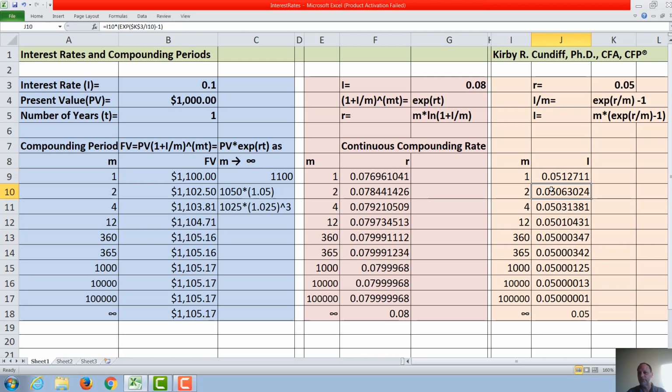Then the next one, we stick in 2 for M, R is still 0.05, and we end up with 0.050630. And once again, as M increases, gradually now this I will go down to 0.05. As you get to a very large M, 100,000, it's basically 0.05, and we take it out to infinity. As M goes to infinity, then I goes to 0.05.